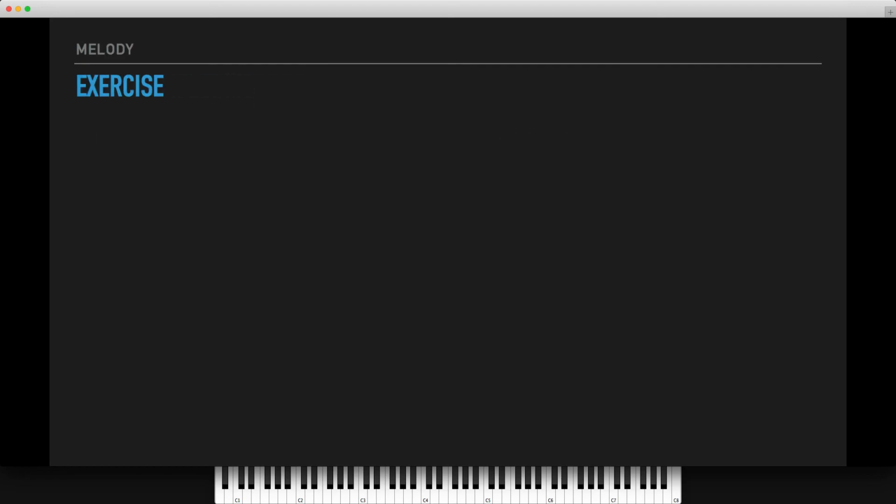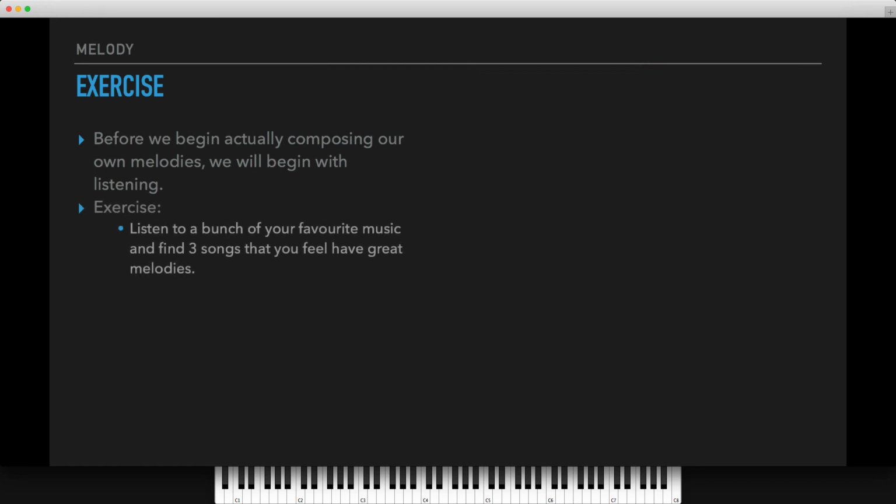So now we have an exercise. Before we begin actually composing our own melodies, we will begin with listening. So the exercise will be, listen to a bunch of your favorite music and find 3 songs that you feel have great melodies. They can be any genre with discernible melodies, meaning certain genres don't particularly have melodies. A lot of really heavy metal stuff often doesn't have much of a melody.